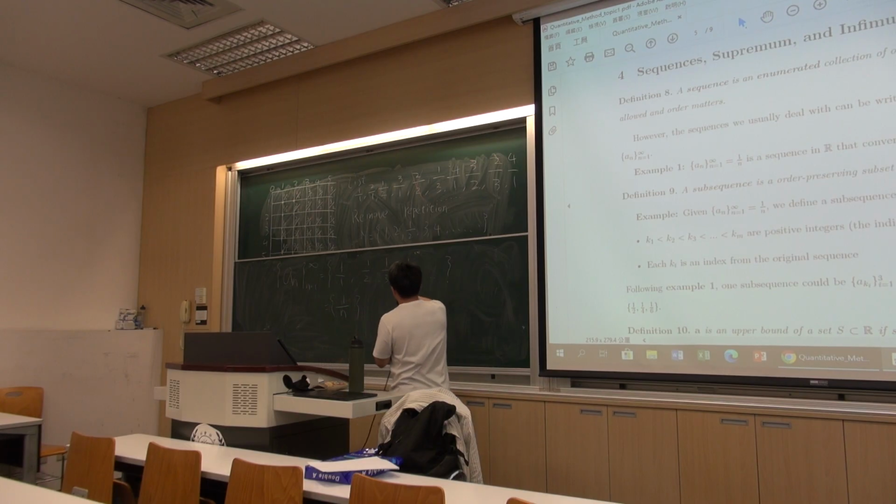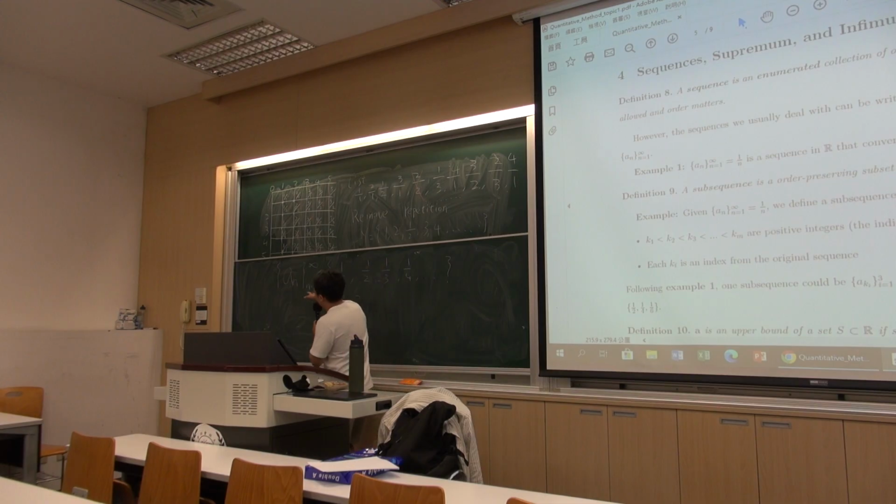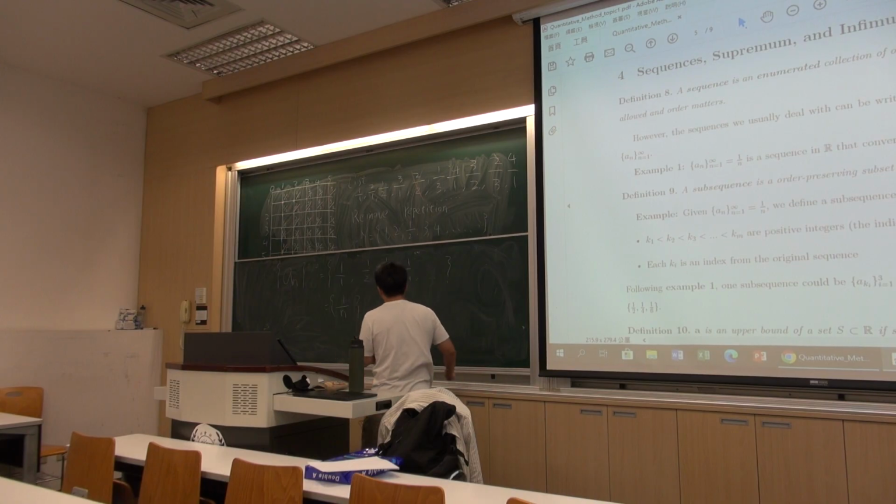It will contain infinitely many elements, and we usually write it this way, or even more simply, sometimes people will just put it this way. And this is an example, 1/n, and as you can see, the elements of this sequence keep decreasing and go to 0.